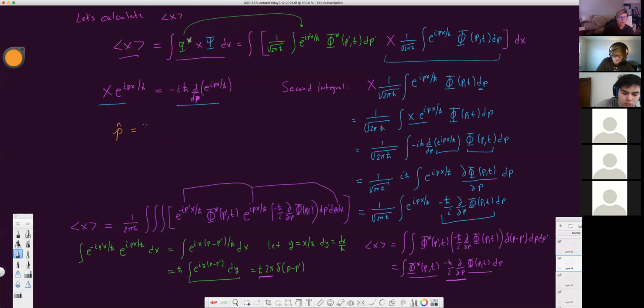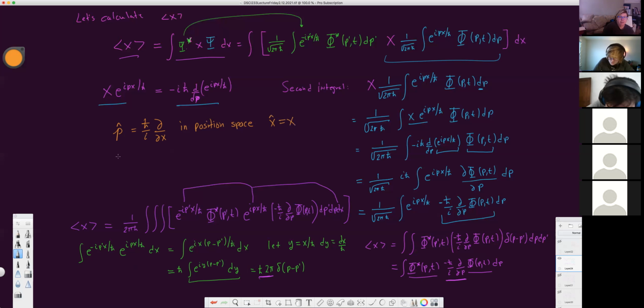So h bar over i partial x in position space. And x hat is just x in position space.